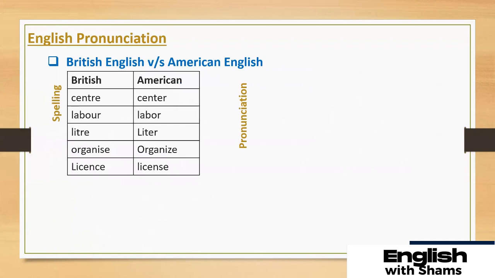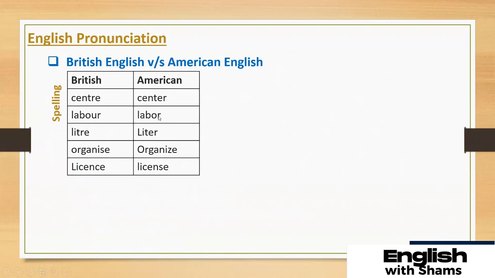For example, if we look at the spelling, in British it is CENTRE, centre. But in America, same thing with a slight difference in spelling, CENTER, center. In British, LABOUR, labour. But in America, the U is excluded.